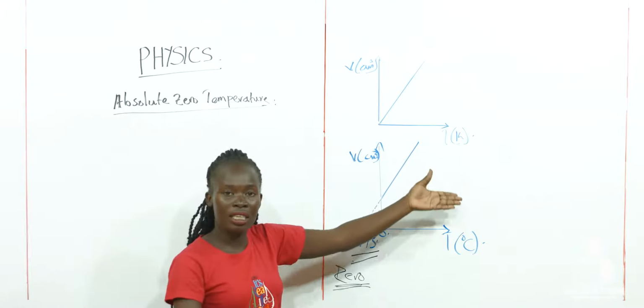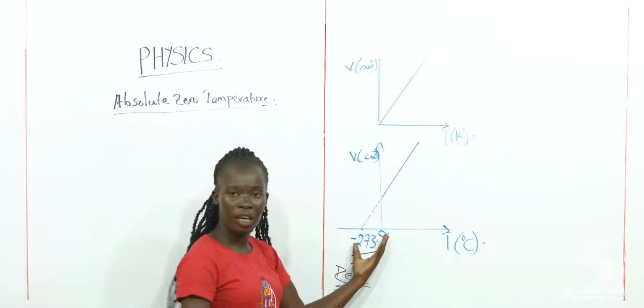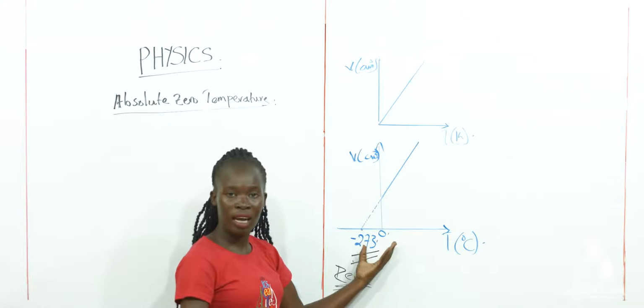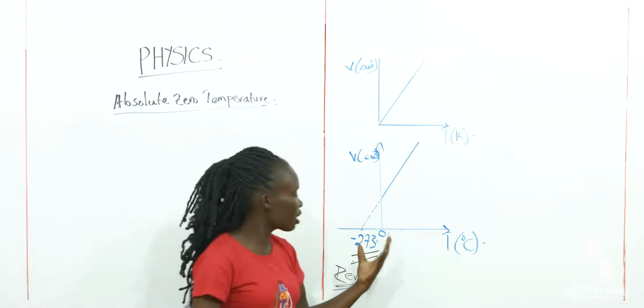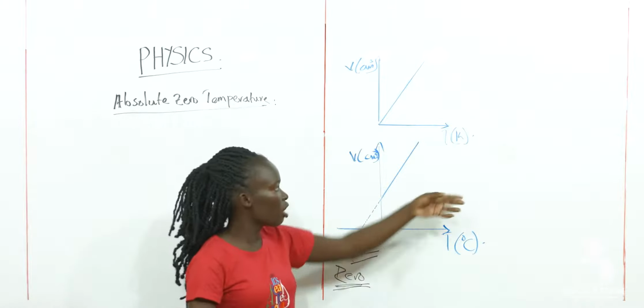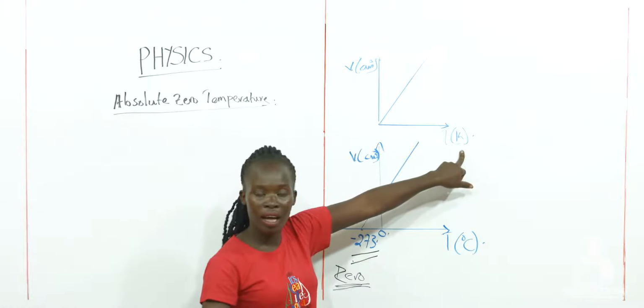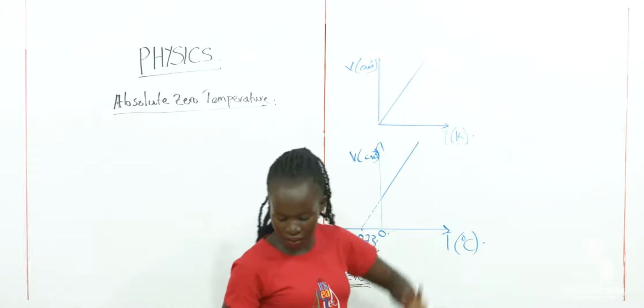To convert it, you have to use this figure, 273. If you get any temperature and add this to it, it will give you the reading on the Kelvin scale.